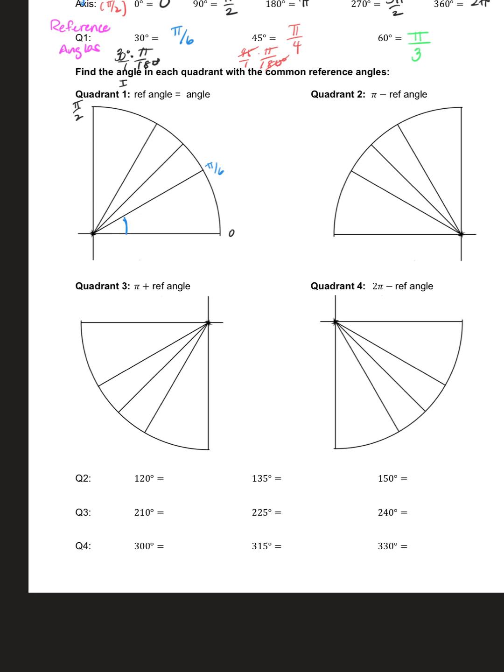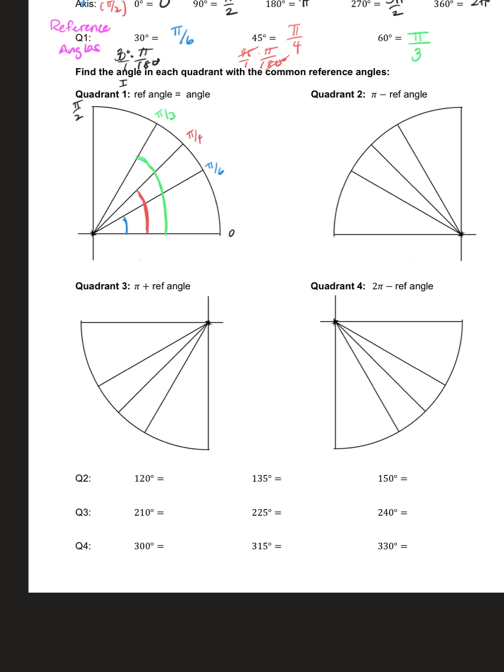The one in between will always be pi over 4, 45 degrees. And the angle that is left over, from here to here, is going to be pi over 3. Think of it this way, it might help you: the larger the number underneath the fraction, the smaller the angle.